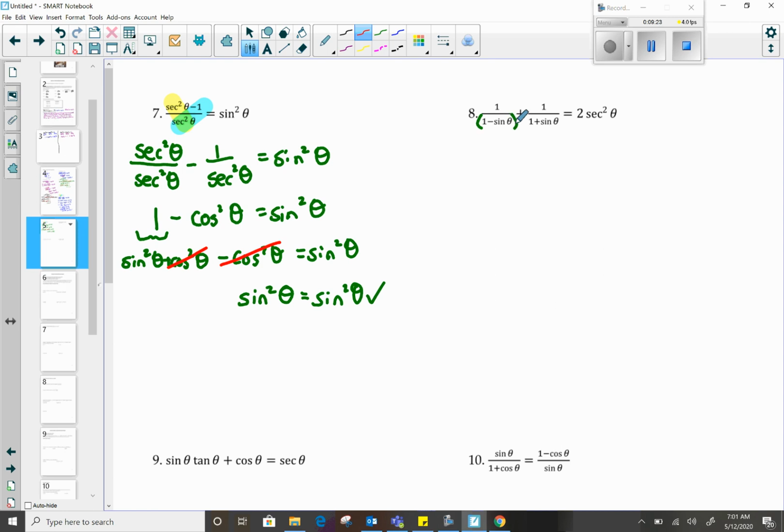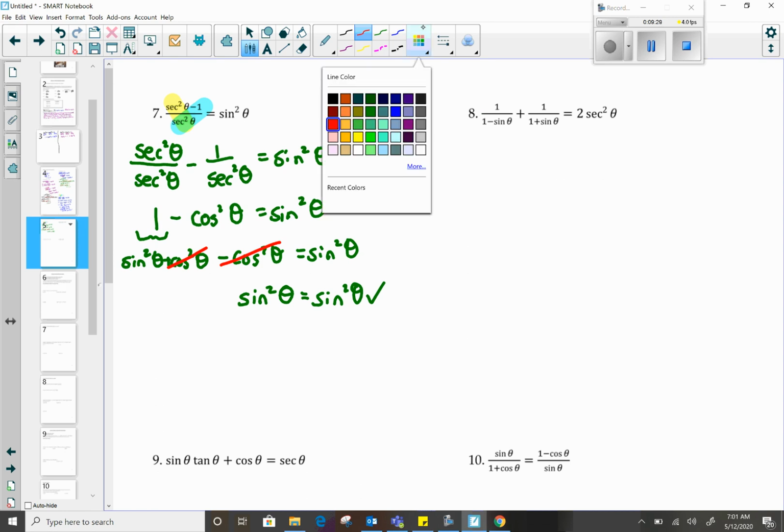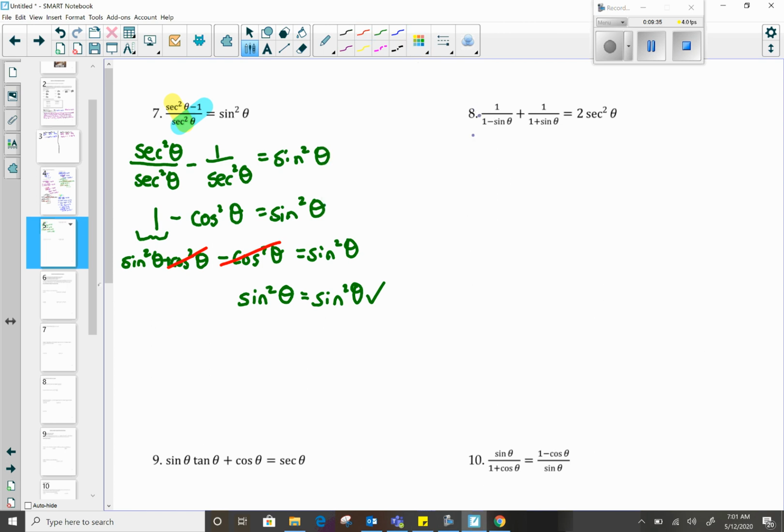So I'm going to do a different color. Let's see, maybe I can pick a cool color. I like this lavender. Yeah, that's nice. Okay, so I'm going to multiply this side by this denominator, so 1 plus sine theta, top and bottom.